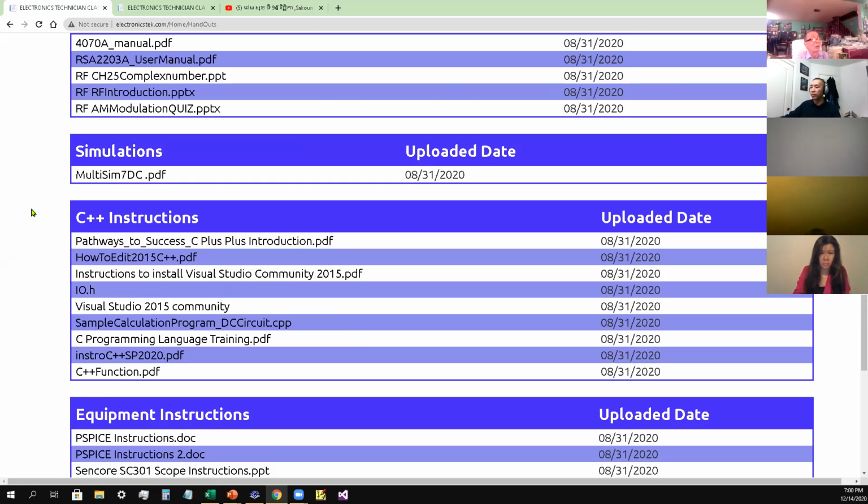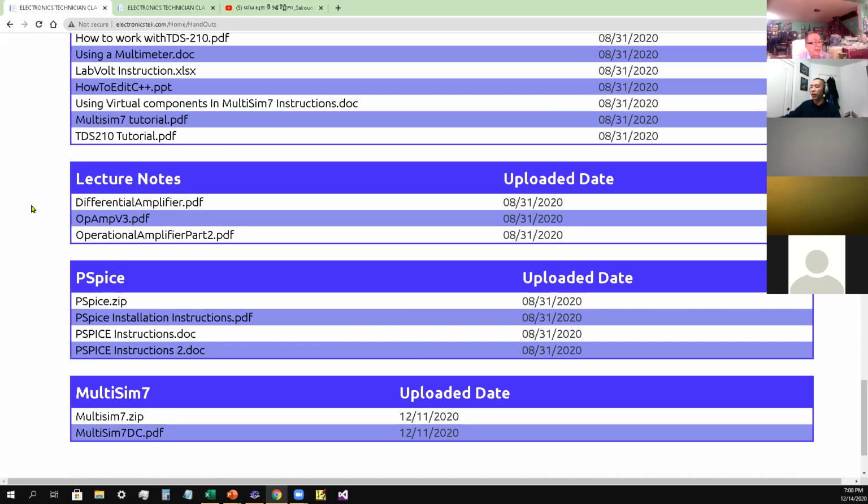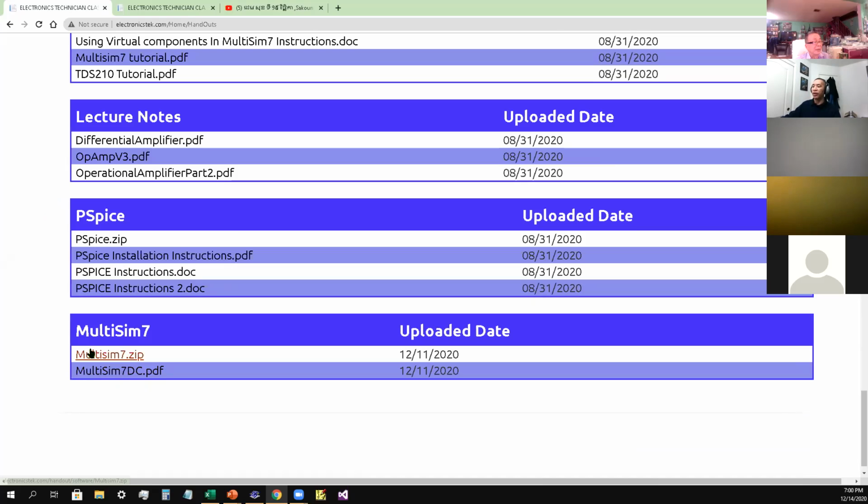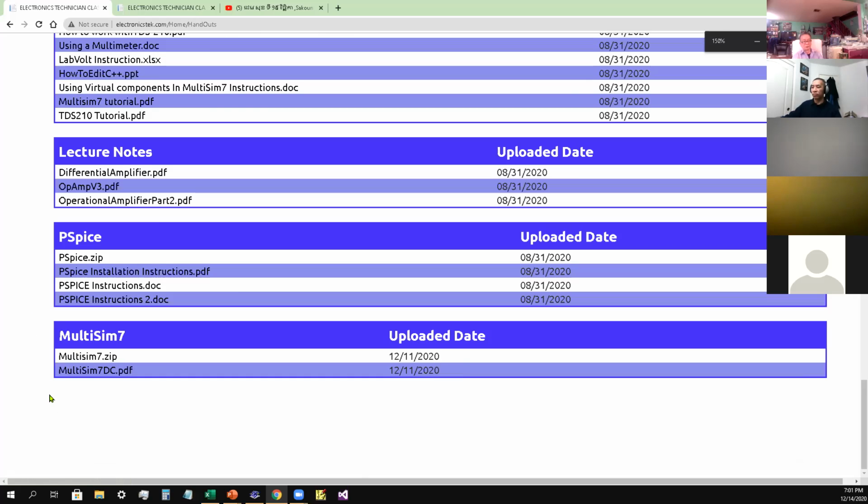Now, handout. Very bottom, right here, the zip file. And also the other one, the PDF, means instruction. What to do. We never had Multisim before, just recently, this semester until now.